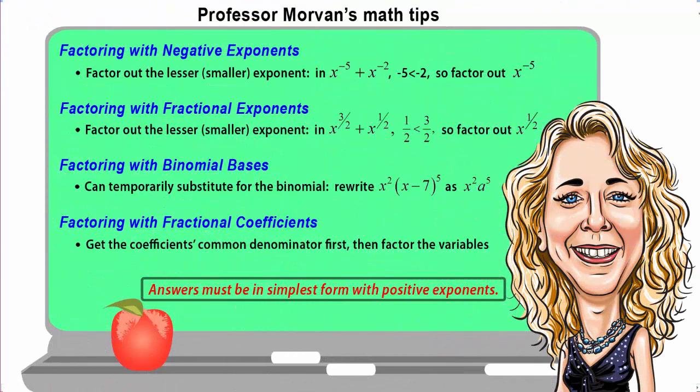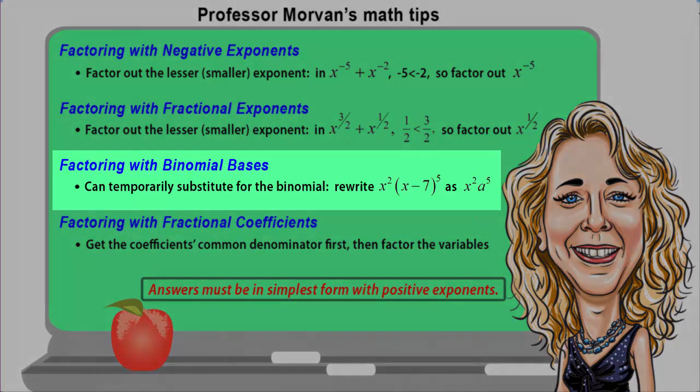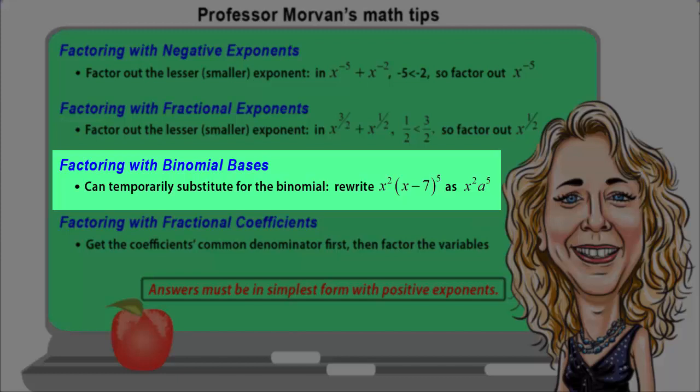Now, if you recall from the math tips I gave at the beginning of this video, there is a second way that you could solve this same factoring problem. And that is, you can temporarily substitute for the binomial by rewriting it as a single variable.